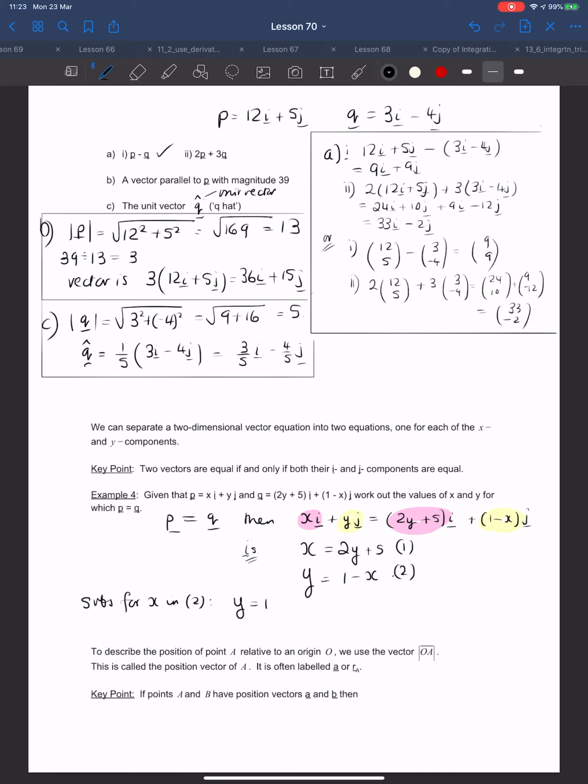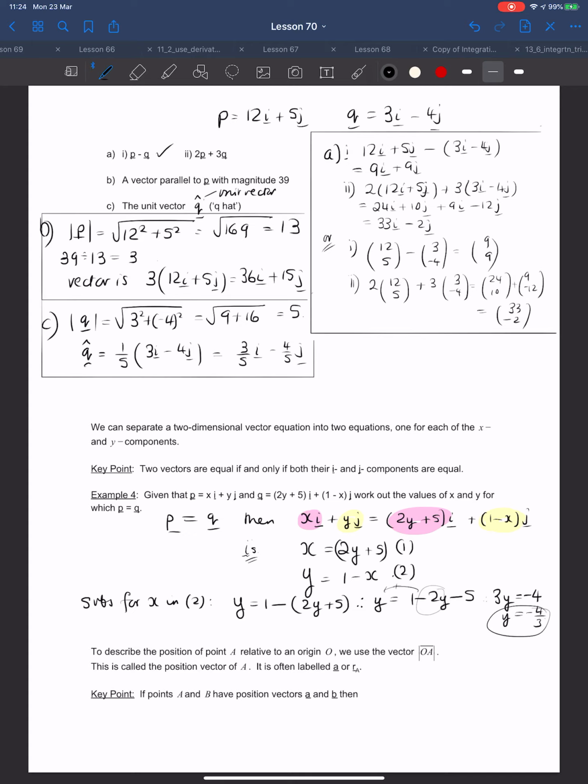So y is 1 minus (2y plus 5). So y is 1 minus 2y minus 5. So therefore 3y, I've added 2y to each side, and then simplify the rest. The right hand side is minus 4, so y is minus 4/3.